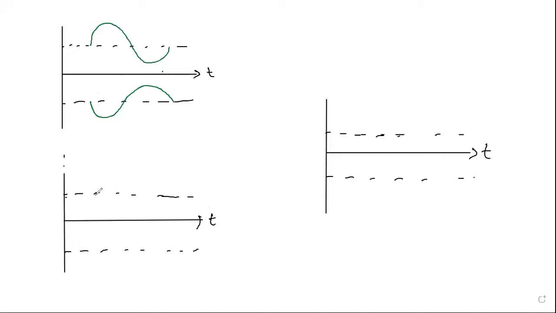Again, we will have another case where this touches the zero level. Again, this touches the zero level. And the third case is this passes through the zero level.